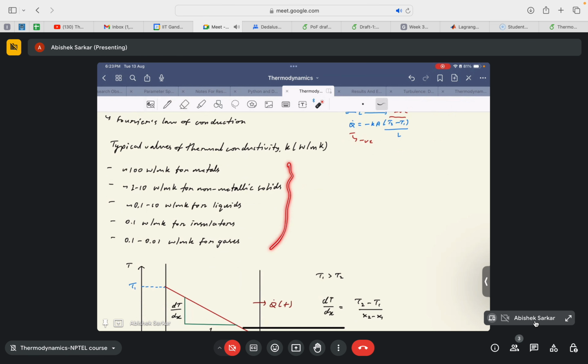Why is this important? Because there is one question in this week's assignment, a match the following question, asking you to match the materials with their respective thermal conductivities. If you know at least the range of thermal conductivities that a particular material lies within, you will be able to correctly match them.